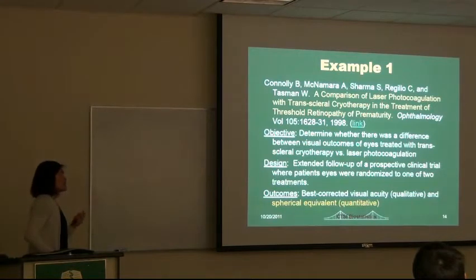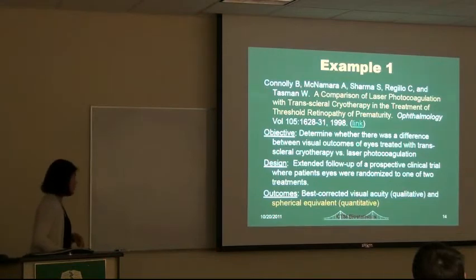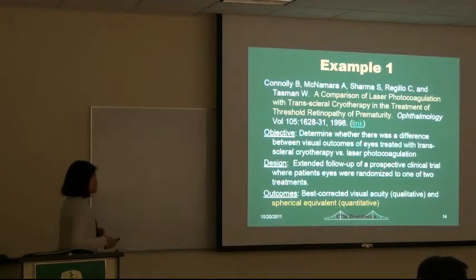The objective of the study is to determine whether there was a difference between visual outcomes of eyes treated with transscleral cryotherapy versus laser photocoagulation. Okay. So the study was designed as an extension of a randomized clinical trial that looked at two different treatments. One is cryotherapy and the other is laser treatment for these children.